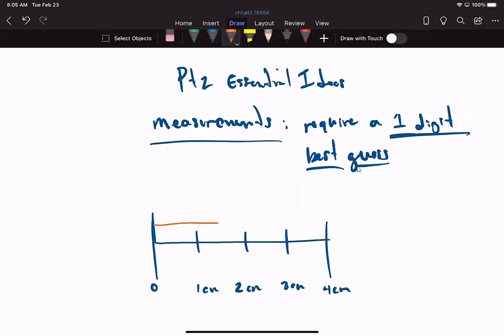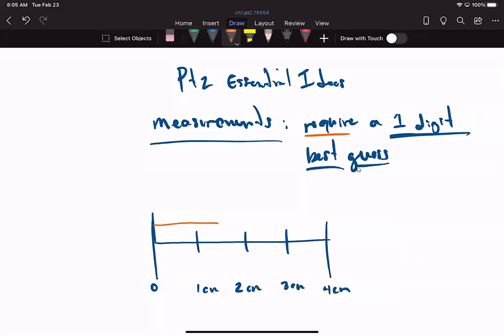Well, my answer wouldn't be 1 centimeter, right? Every measurement that I take will require a one-digit best guess. So this ruler isn't very accurate, but I can tell that this line is greater than 1 centimeter, but less than 2 centimeters.